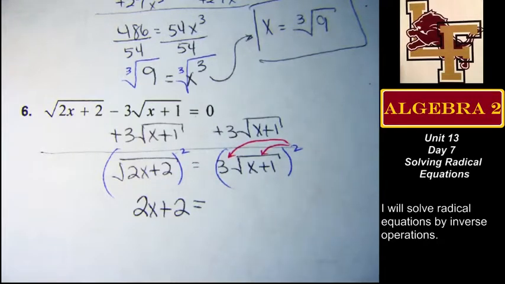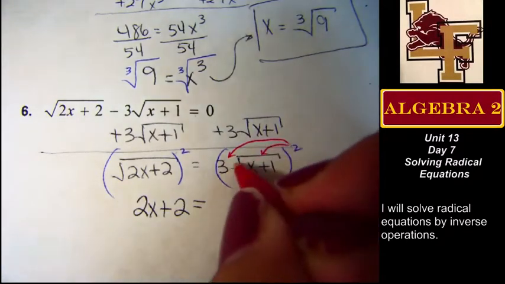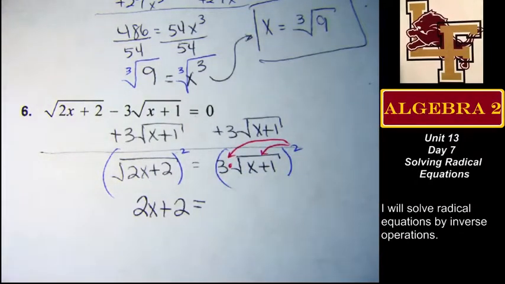You may not distribute the power if the operation between the things is addition or subtraction. Because we have the operation between the 3 and the square root of stuff being multiplied, I'm allowed to apply the power to everything in there, okay?